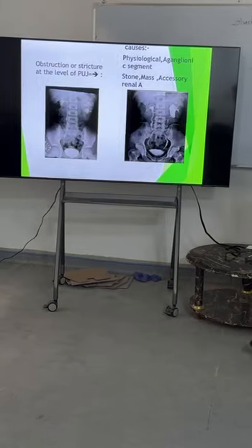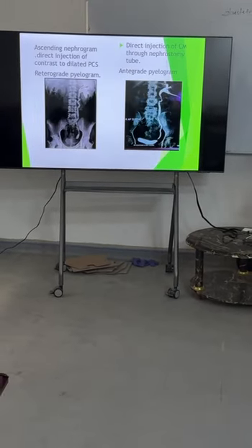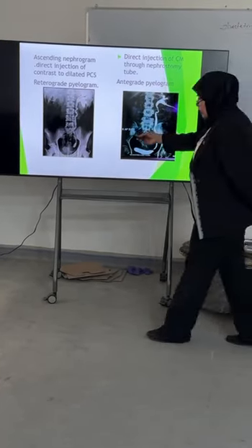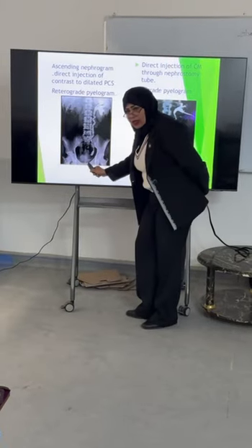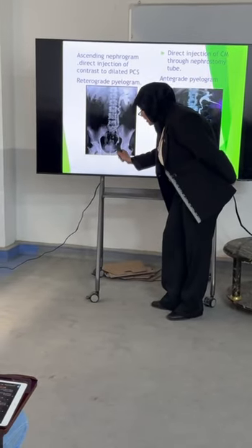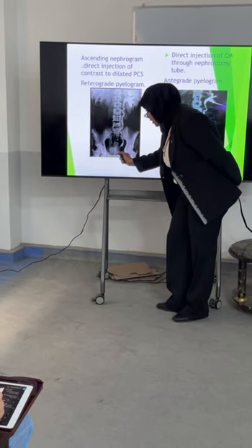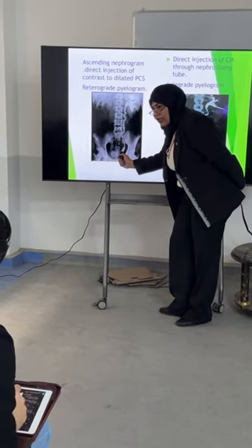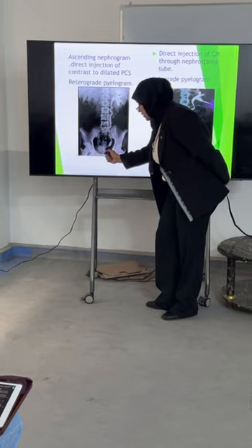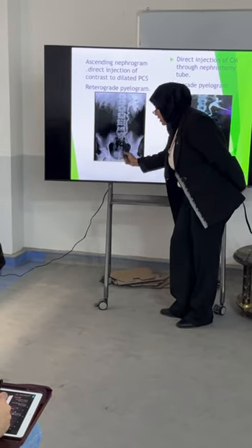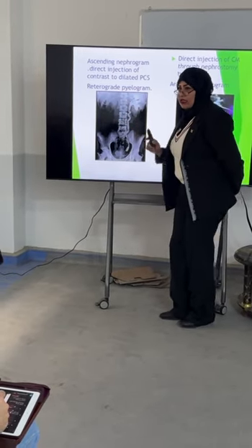But look at the retrograde. There is no catheter here because it is passed. It is a procedure that should be passed over the lower third sphincter and then the dye is given. So that is the difference.